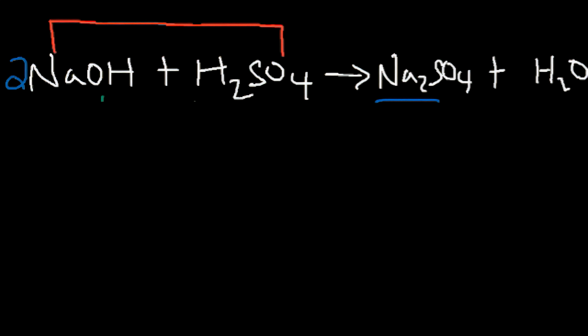Now to balance acid-base reactions, here's what you can do to quickly get the answer. Notice that you have 2 hydroxide ions and 2 H+ ions. That's going to produce 2 water molecules. It's always going to work out that way. So this is a 1. So now the reaction is balanced.